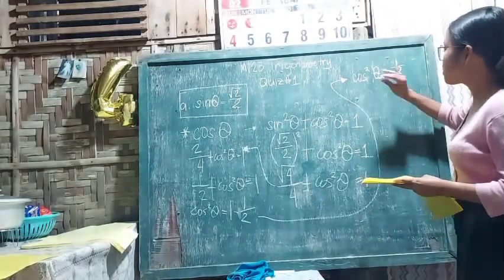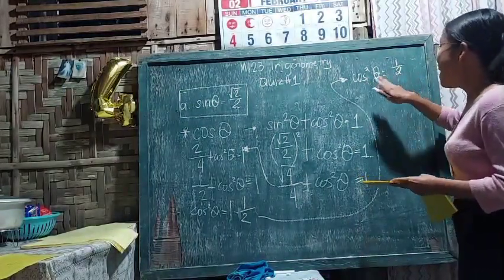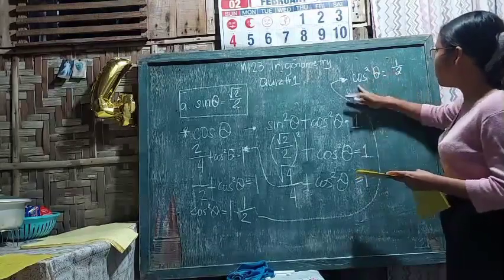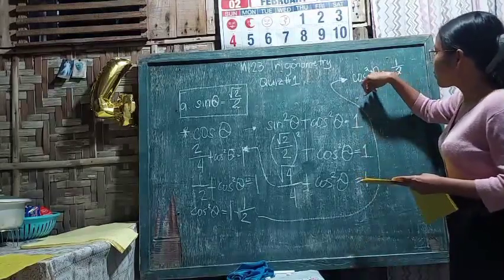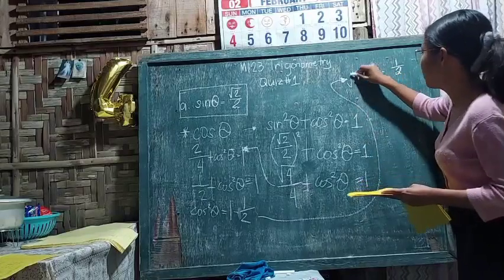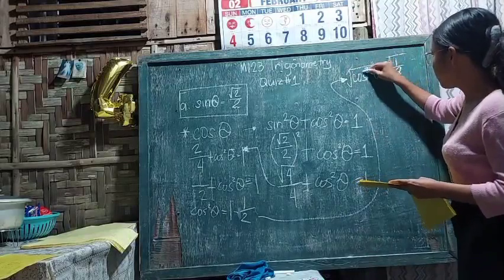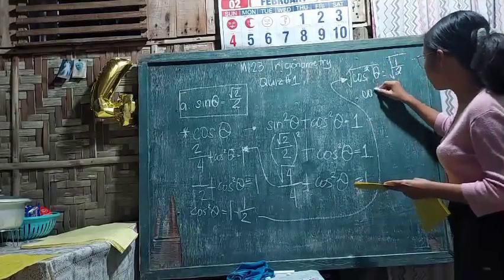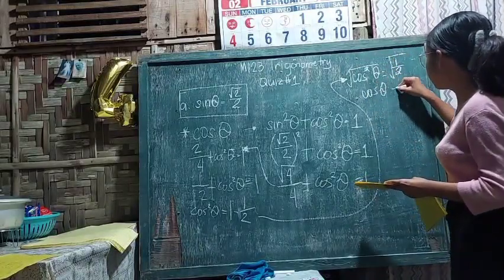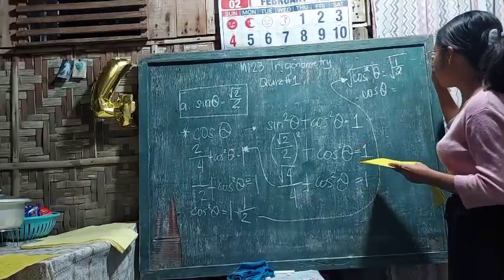Now we are going to take the square root of both sides because we want to remove the square on the cosine. It is going to get cancelled. So cosine theta is equal to square root of 1/2.